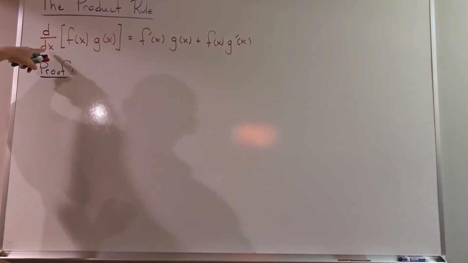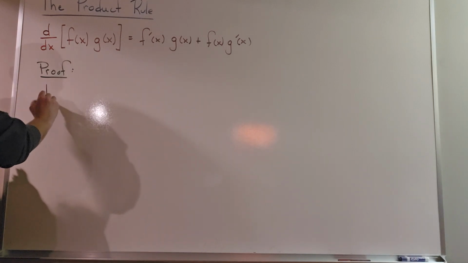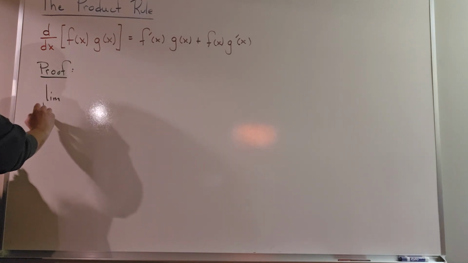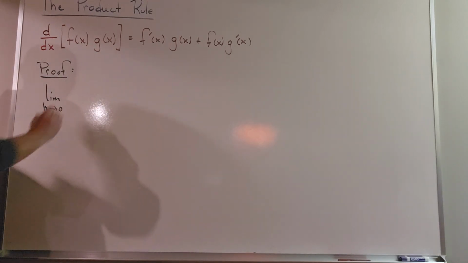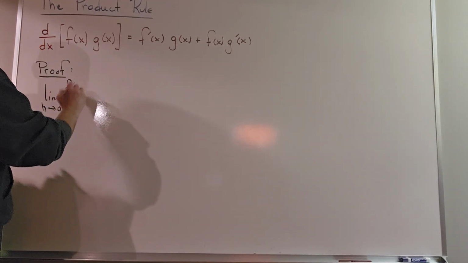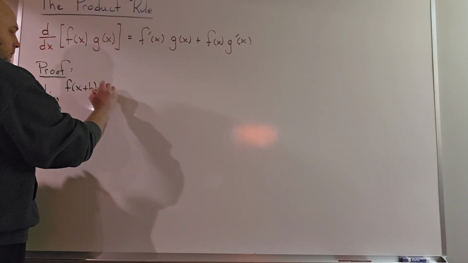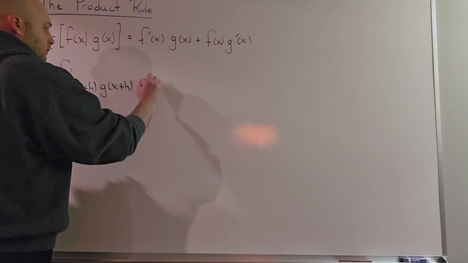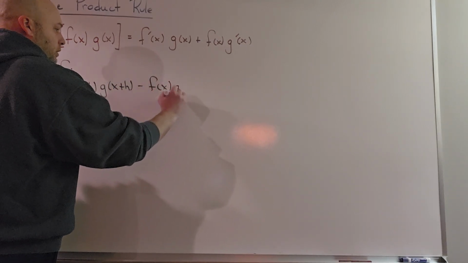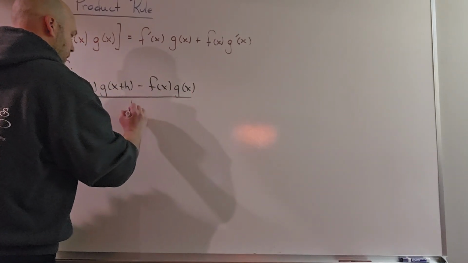The derivative of any function is the limit of the difference quotient. If f of x times g of x is my function, then the difference quotient would be that function evaluated at x plus h minus the original function divided by h.